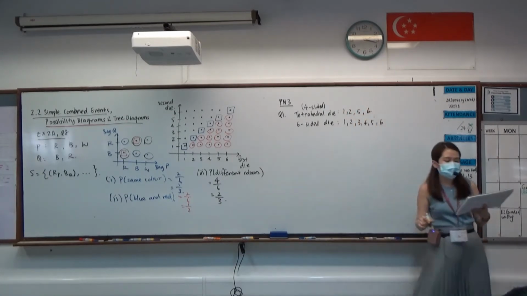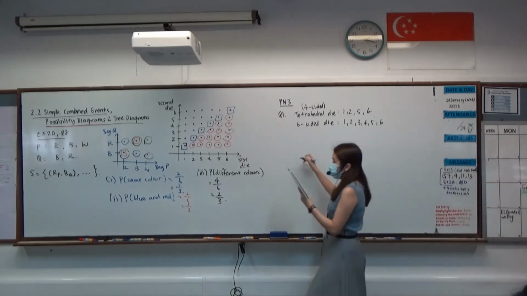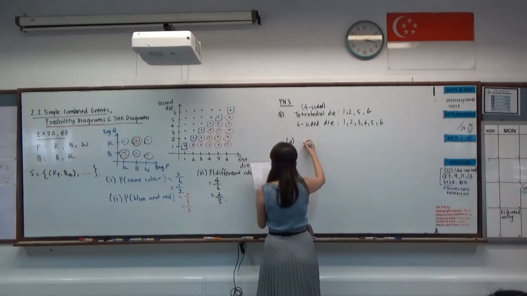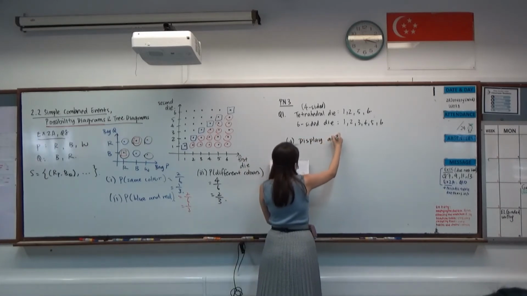In the tetrahedral die, we have the numbers 1, 2, 5, and 6 instead of 1, 2, 3, 4. I'd like you to try drawing your own possibility diagram and display all the possible outcomes.